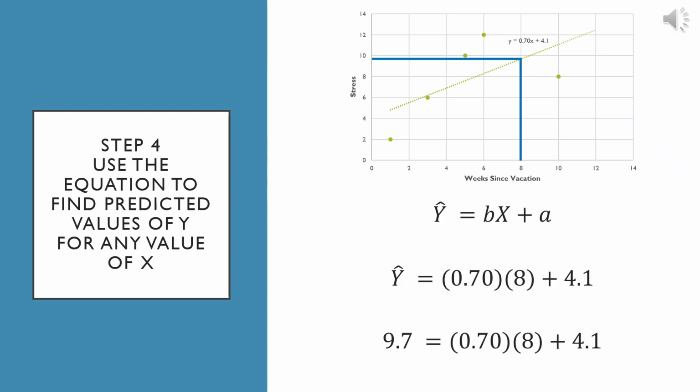Well, we already know that, right? It's going to be 9.7 because we already did the math and found that using this equation for the line, that if you have 8 weeks since your last vacation, we would predict a value of 9.7 for your stress level. And so you can see that just visually represented here.